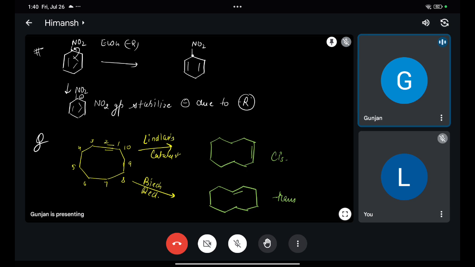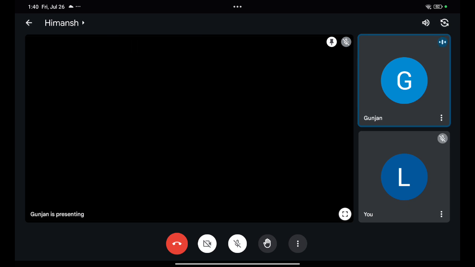Okay. So after that, the preparations left are, one is cracking of alkenes. Preparation from cracking of alkane, that is pyrolysis.